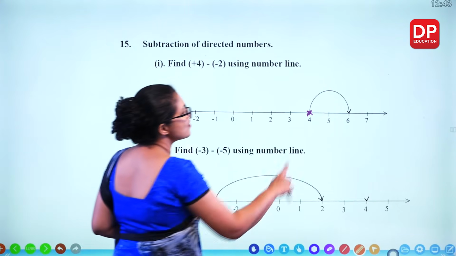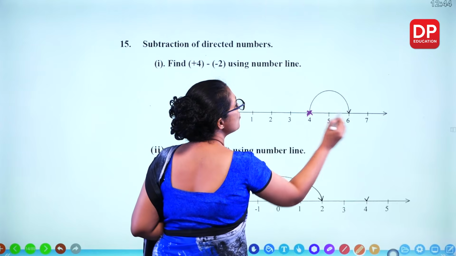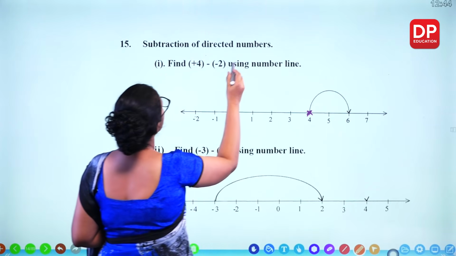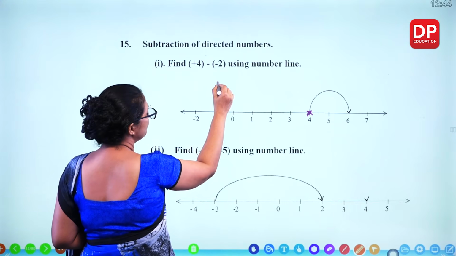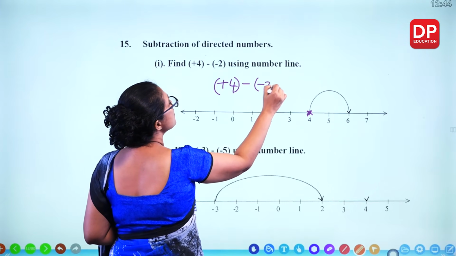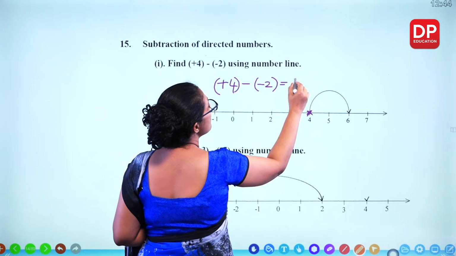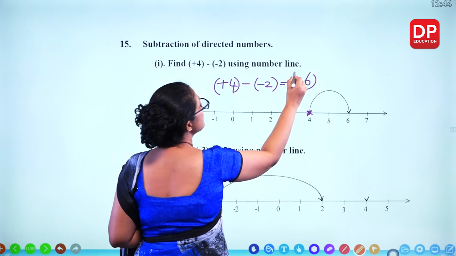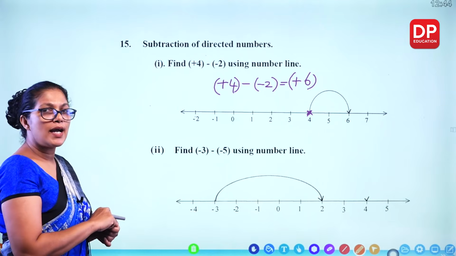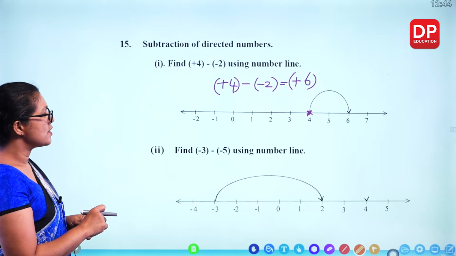So 2 places to the right. So you get 6 is the answer. So we can write plus 4 minus minus 2 is plus 6.